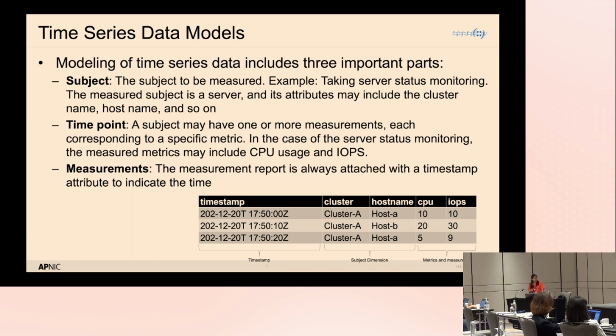When we model time series data, we need to be aware of three important parts, which are your subject: what are you trying to measure, right? Is it the server status or any specific attribute on that server? What time points are you measuring? How often? What are the intervals? And what types of measurement reports are going to be output from this?